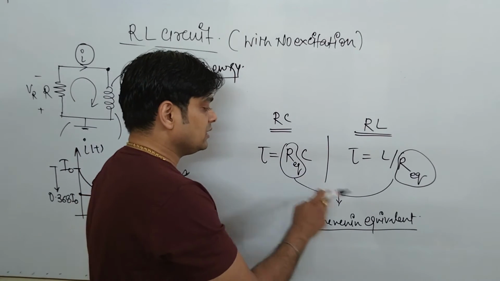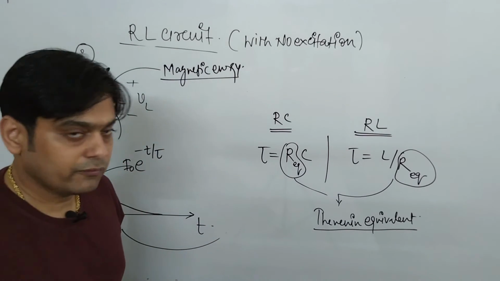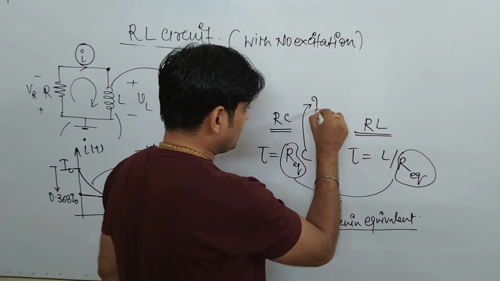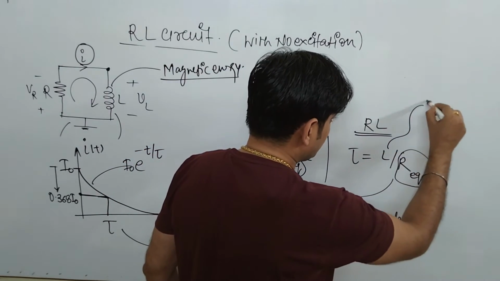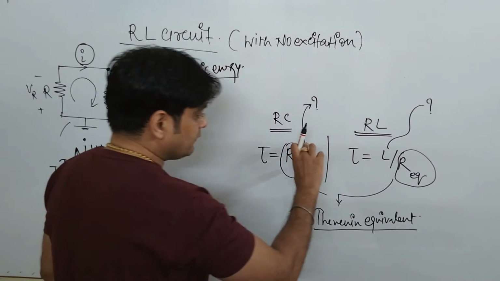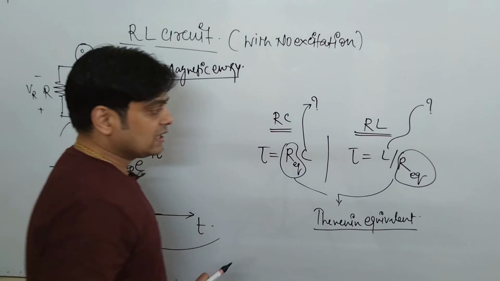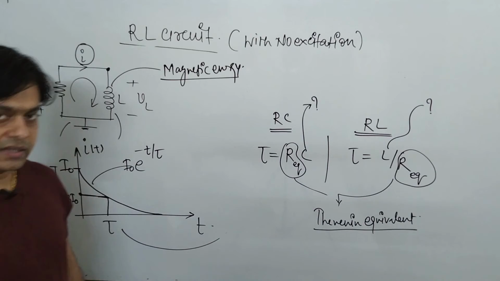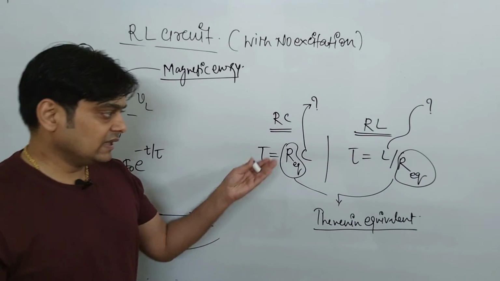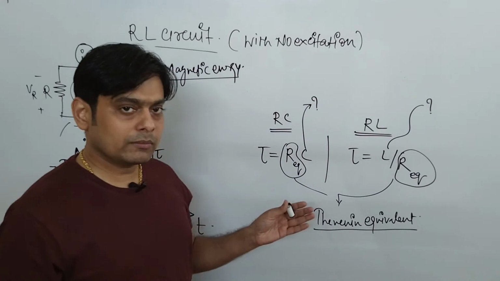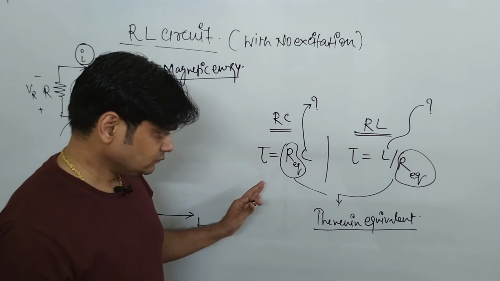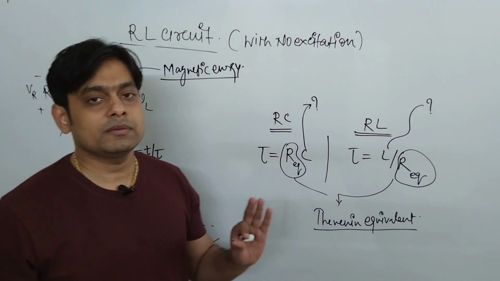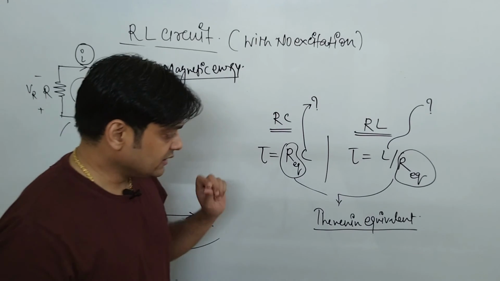So now your question is where this Thevenin equivalent will be found. Since we are finding the time constant for this particular capacitor and for this particular inductor, we always find our equivalent resistance across this capacitor and inductor in a circuit. See, don't get confused by anything. Once we start with the problems, everything will be very clear and you will feel very comfortable solving such types of problems in your initial condition.